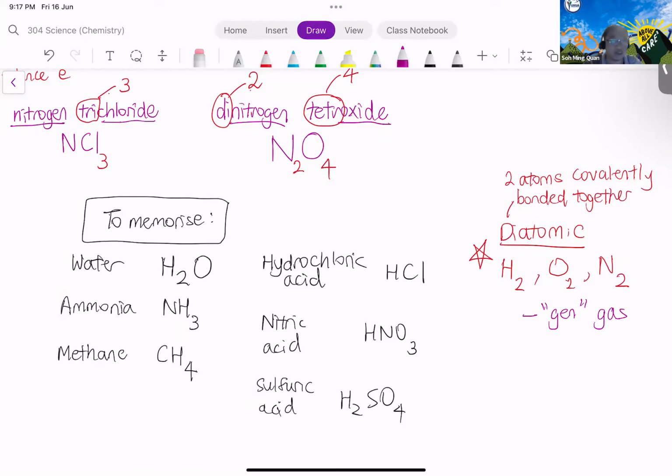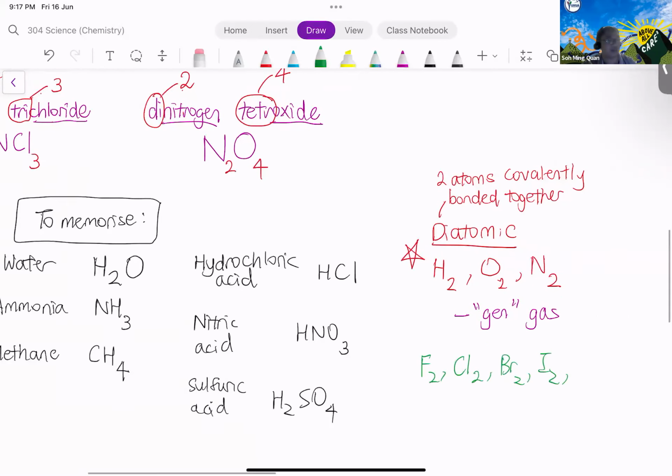The next group that is diatomic, fluorine, chlorine, bromine, iodine, astatine. What do they all end in? They end in "ine." Fluorine, chlorine, bromine, iodine, astatine. They are all your group 7 halogens. Group 7 halogens are all diatomic. So this doesn't really need to be memorized. You can easily deduce it from their name.